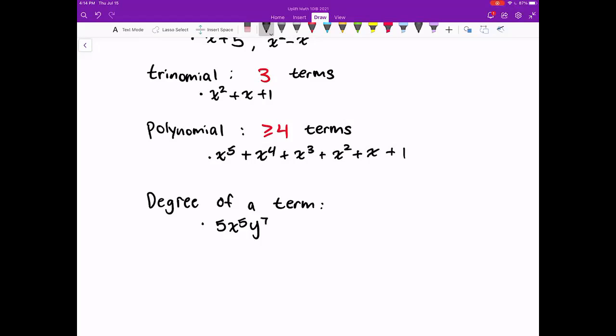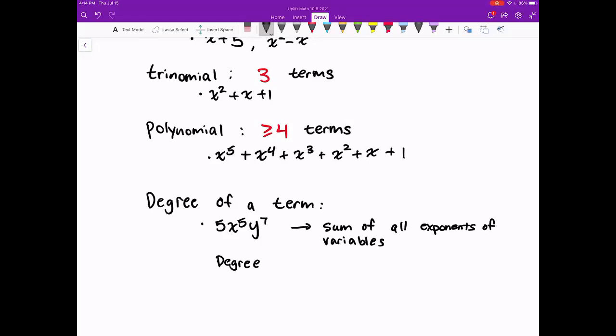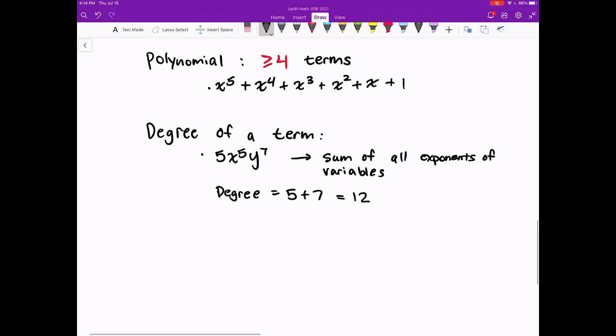So the degree of a term is essentially all the exponents, all the powers on the variables, added together. In this case, we see that the powers on the variables are 5 and 7. So we just add 5 and 7 together, and we get that the degree of the term is equal to 12. And do note that it's only on the variables.